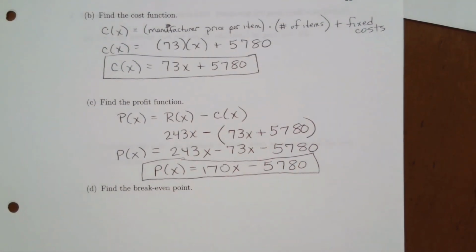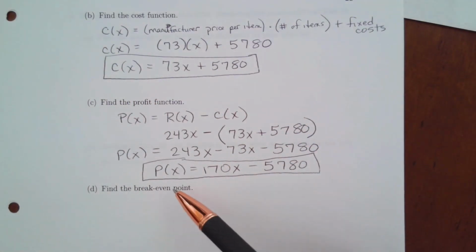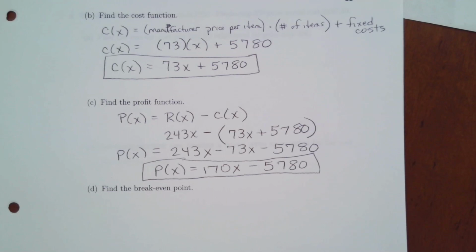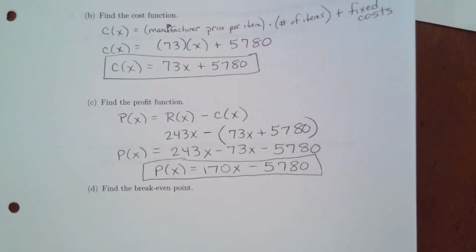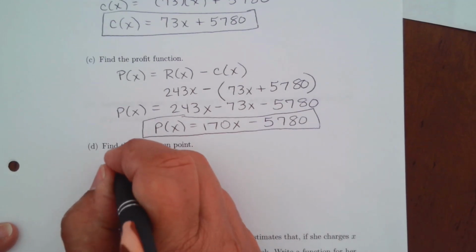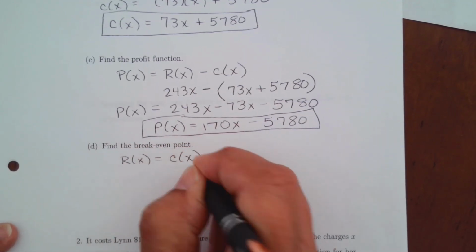Okay, so we have revenue, how much the company's making, cost, how much it costs the company, and the profit, how much they will make after we subtract those two amounts. All right, so now we got to find the break-even point. So remember, the break-even point is where the revenue equals the cost. Okay.